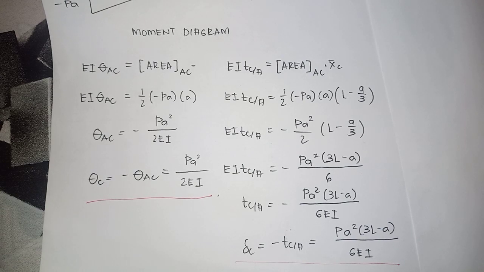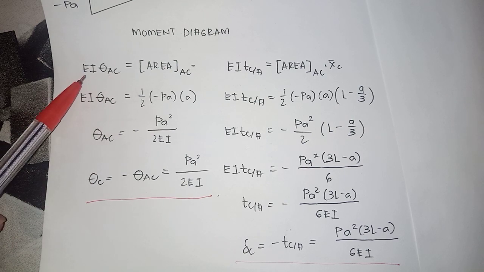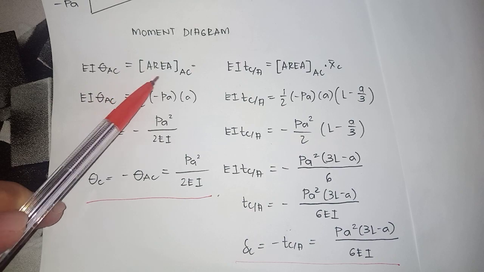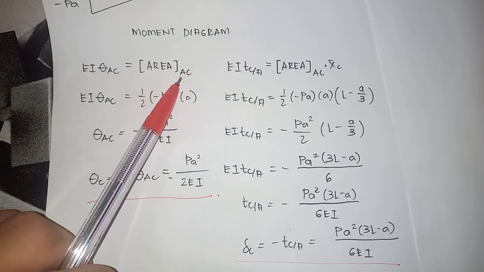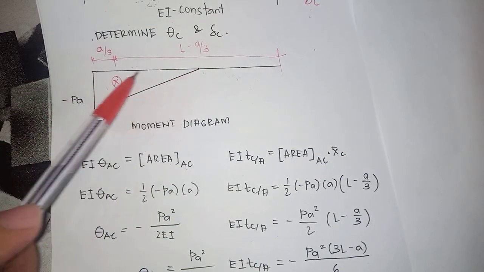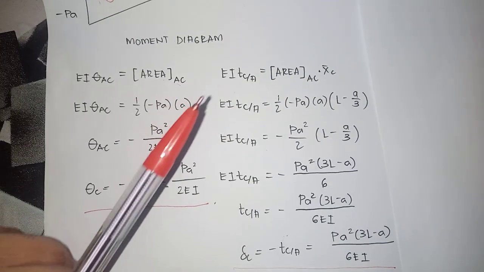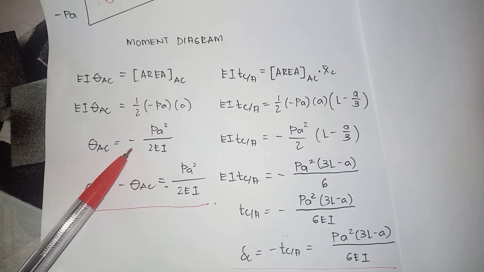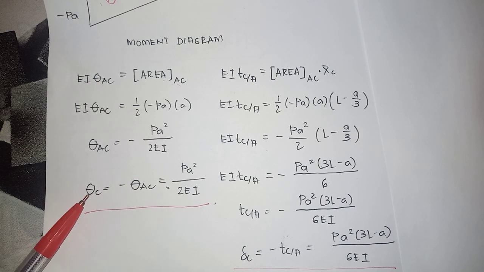Okay, so meron tayong theta AC sa taas. So we have EI theta AC is equal to what? Area between A and C. Okay, so yun yung concerned na area doon sa taas. Ito na 1/2 times negative PA times A. So ito yung nakikita natin dito. Okay, so theta AC is equal to negative PA squared over 2EI. Okay, so therefore, mabilis lang naman to.